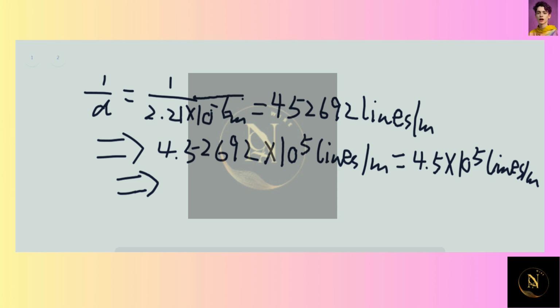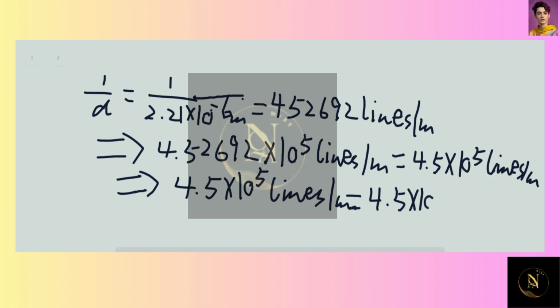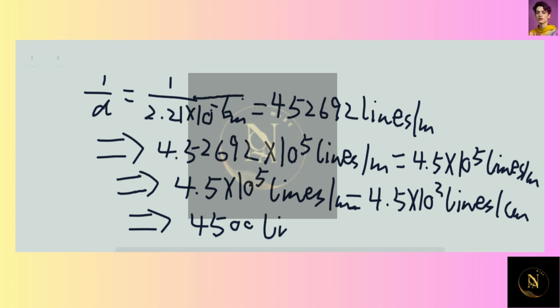Since we know it's 4.5 times 10 to the 5 lines per meter, that will just equal 4.5 times 10 to the 3 lines per centimeter. And the final answer will be 4,500 lines per centimeter.